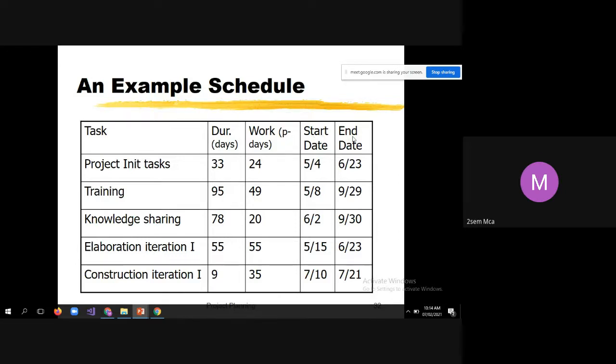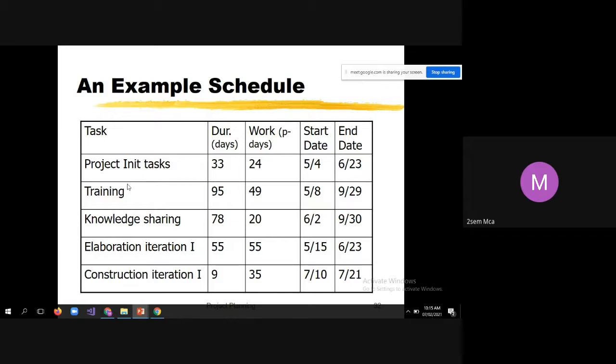Then the start date and the end date. For project initial tasks, 33 days, person work 24 days. Starting date 5/4, where 5 is the month number, so May 4th is the starting date. June 23rd is the ending date.